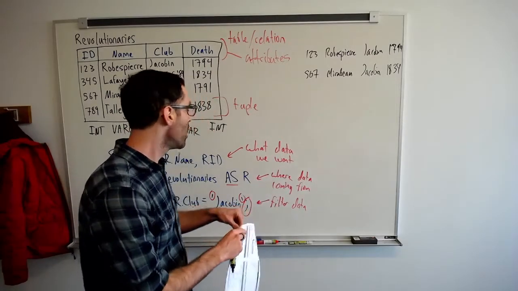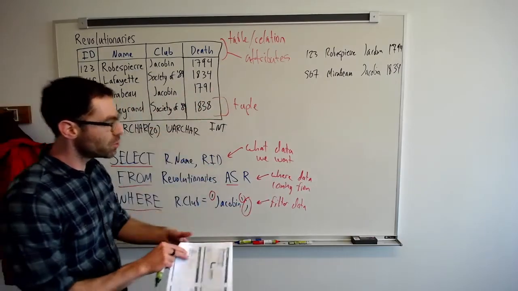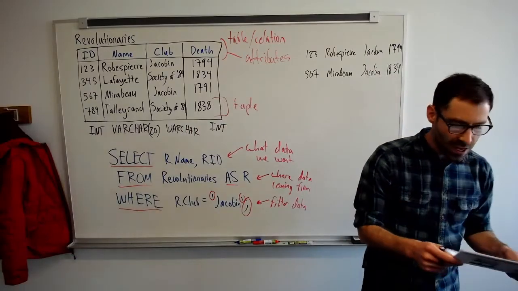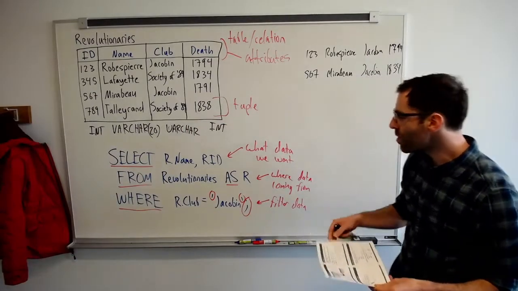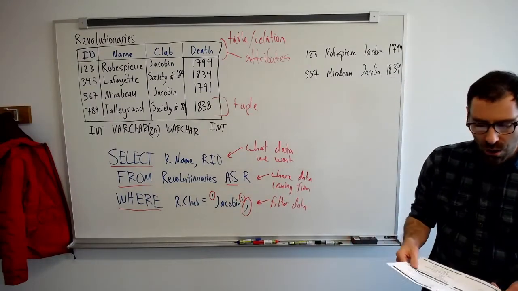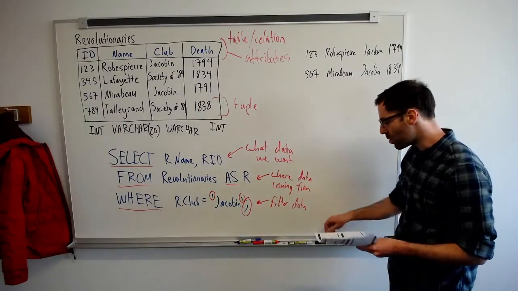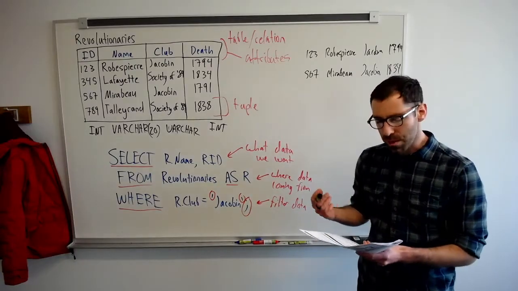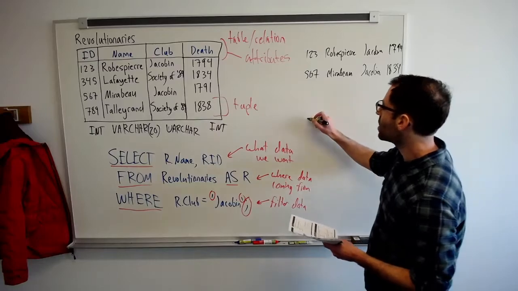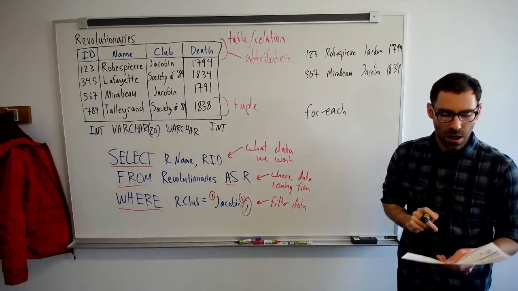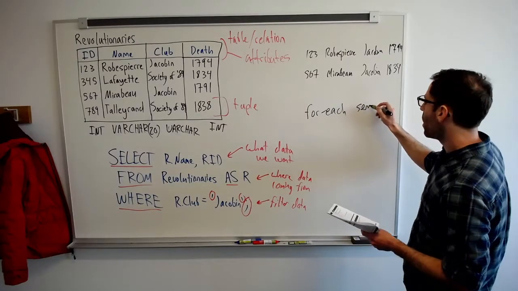All right, and so this query has filtered out two specific tuples that we're interested in. And when we think about the meaning of this query, how might we think about it in terms of ways that we've interacted with computers in other contexts, you can think about it as having for-each semantics.